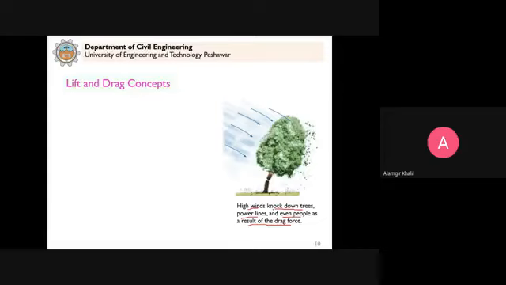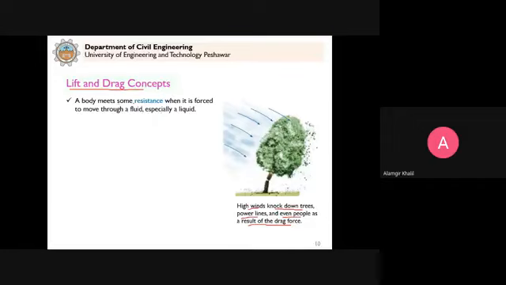Now in this topic we are going to learn what lift and drag force are.